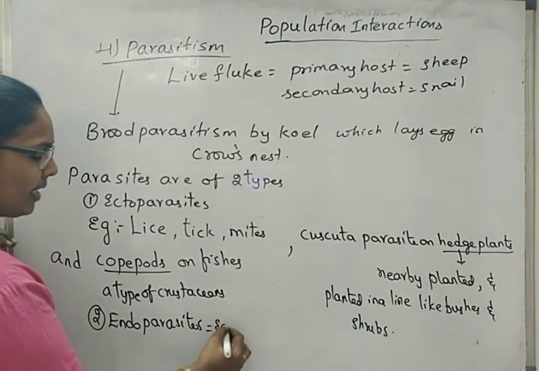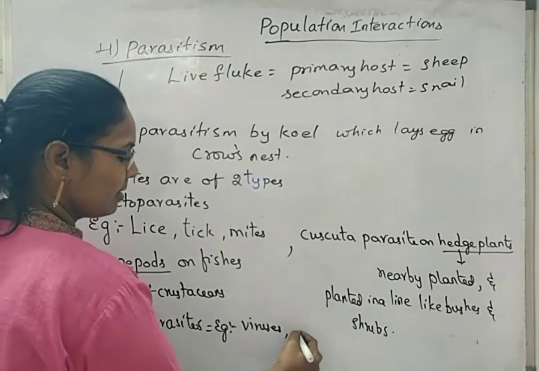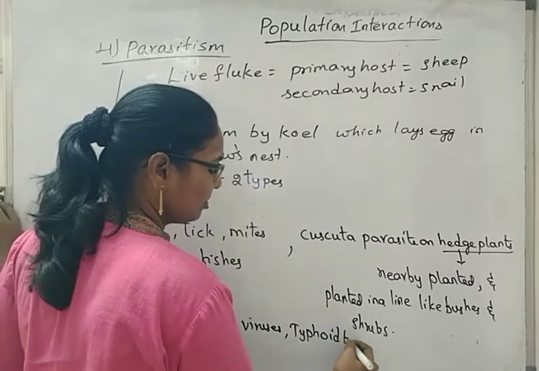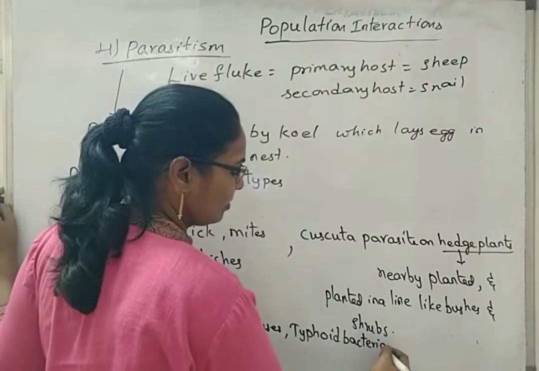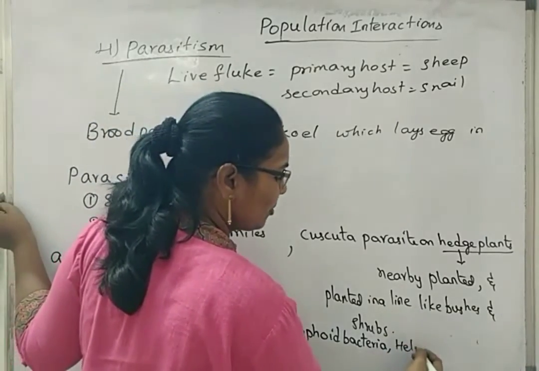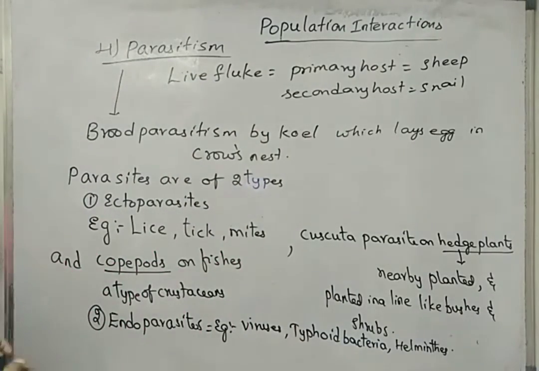So here we can take examples like viruses, typhoid bacteria, that is Salmonella species. Next, Nemathelminthes and Platyhelminthes, all types of helminths. These are considered as examples of parasitism.